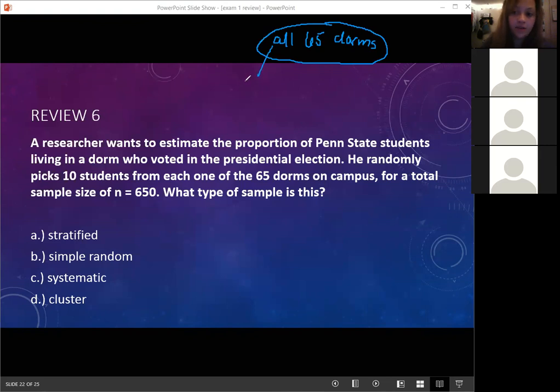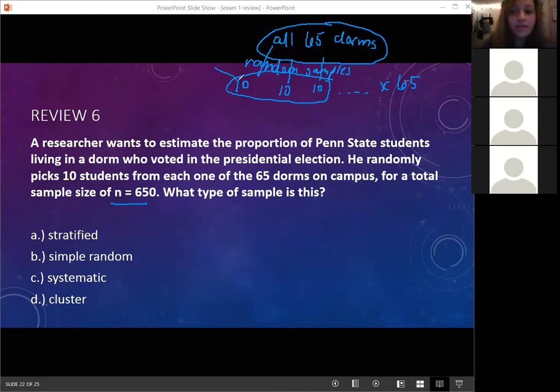So this is going to be 10, 10, 10, and this should be 65 times, from each dorm. So these are going to be random samples. And then in total, they took all of these, all 65 samples of 10, and that made their sample size 650.